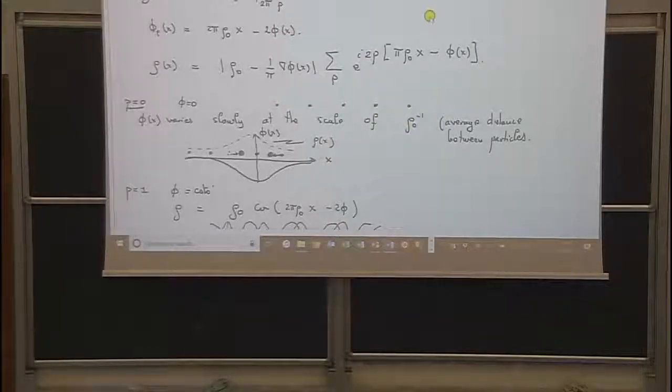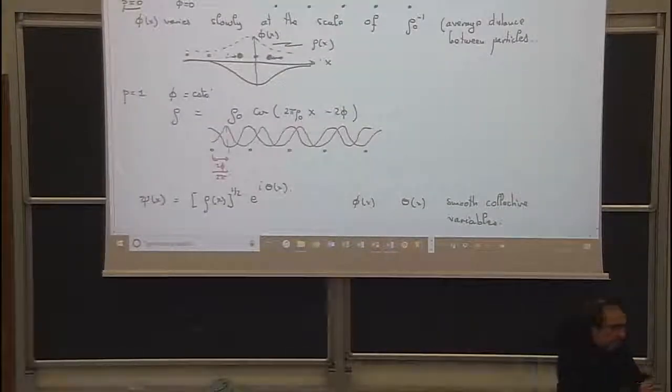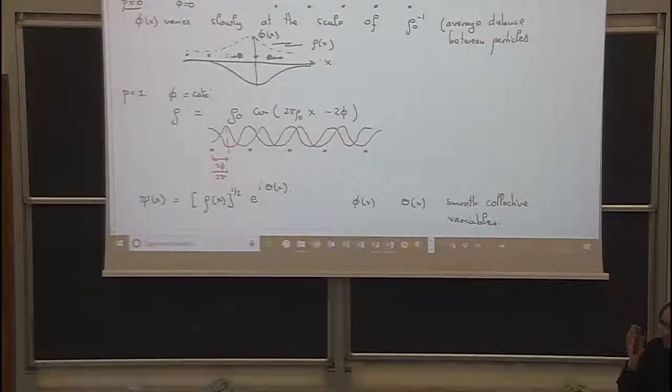Essentially, we have the q equal or close to 0 harmonic, where you would get a distortion of the density at length scales which are large compared to the lattice spacing, because phi varies only at distances large compared to the lattice spacing. But if you count the terms p different from 0, you also have much faster varying harmonics. These harmonics describe the fact that even if the average density at a length scale large compared to the interparticle distance doesn't change, you can change the position of the particles by shifting them right and left in a uniform way.